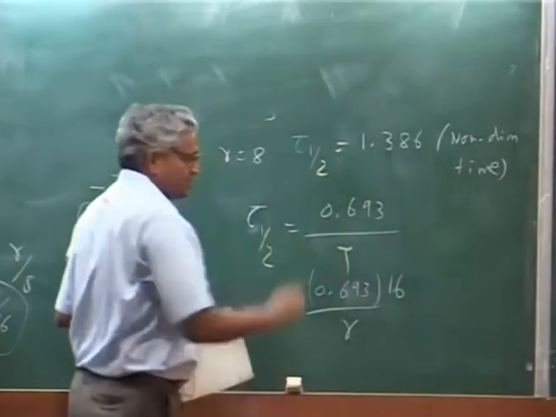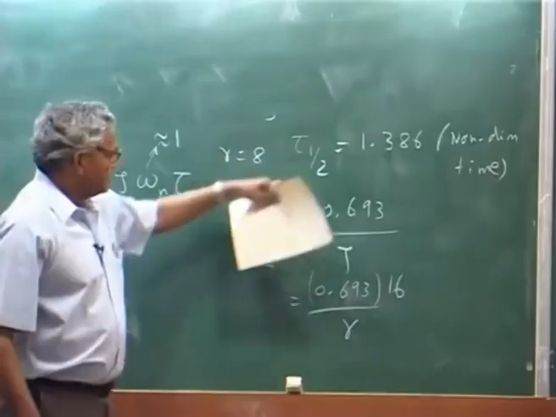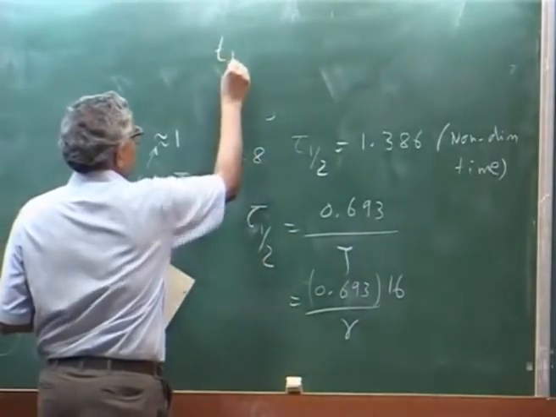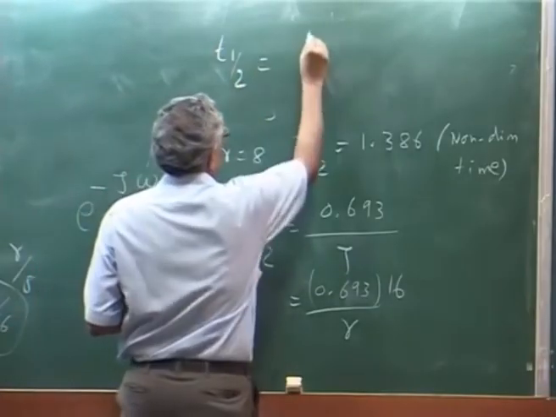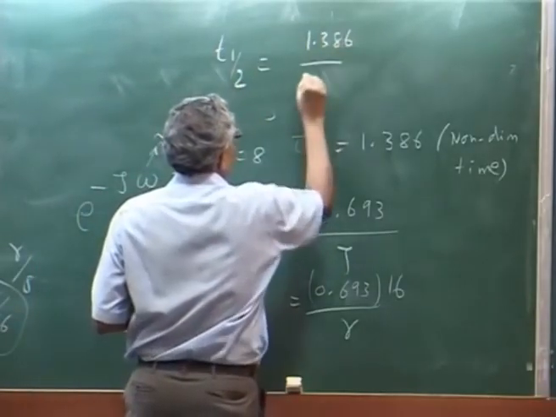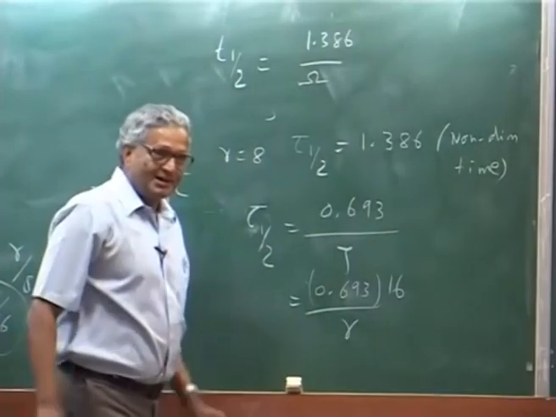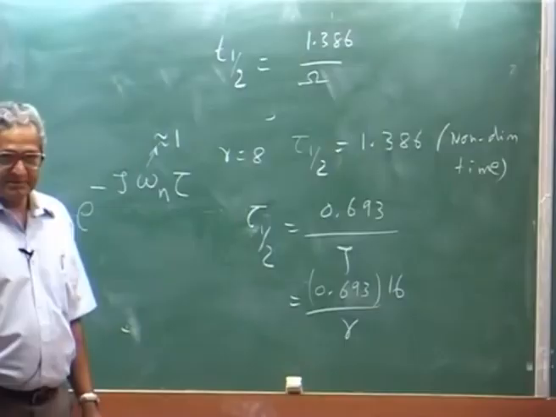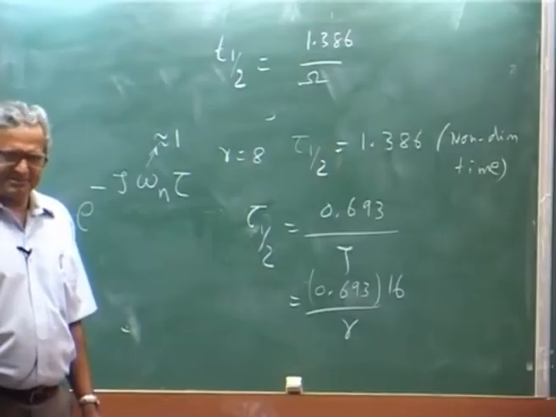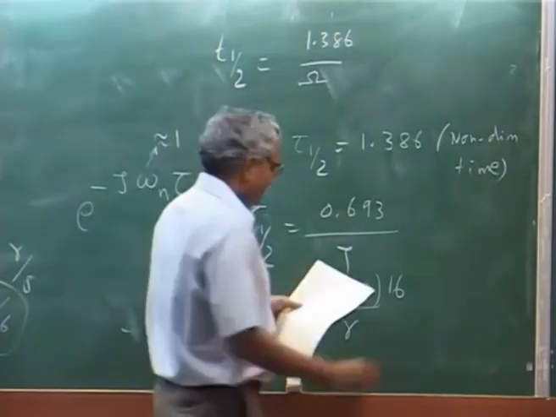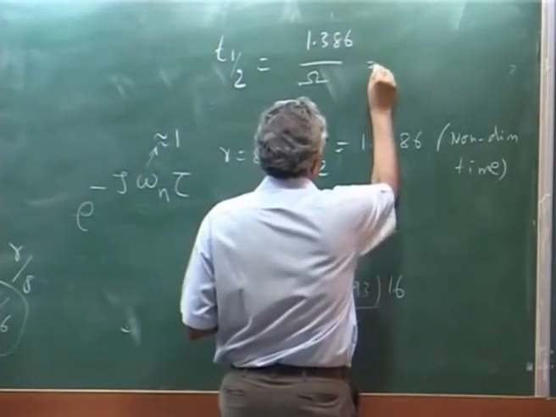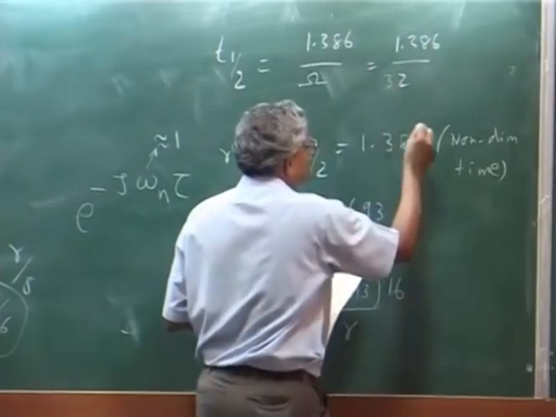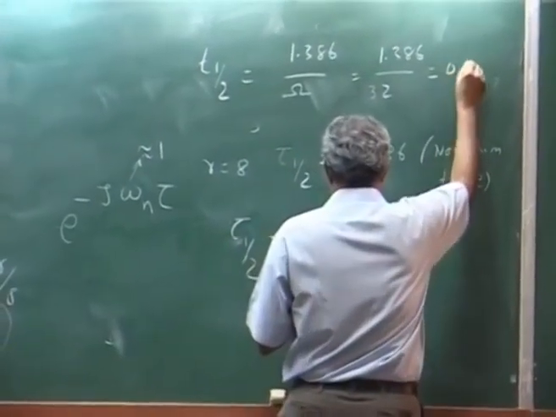Now, if you want dimensional time, tau is omega t. So, you will get t as 1.386 over omega. If you take omega as 32 radians per second, which is a reasonably good number, you will find 0.0433 seconds. I put all these numbers just to give you an idea.